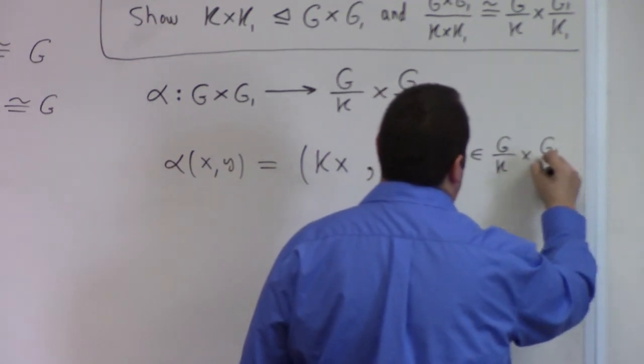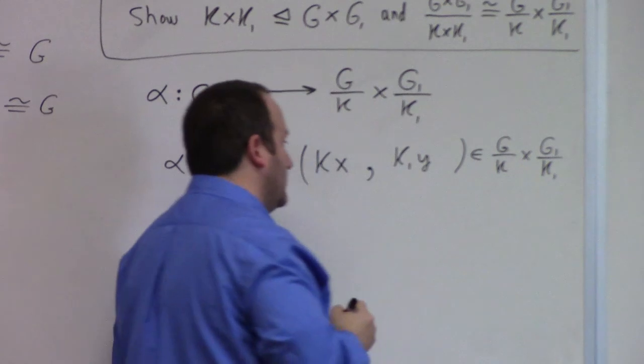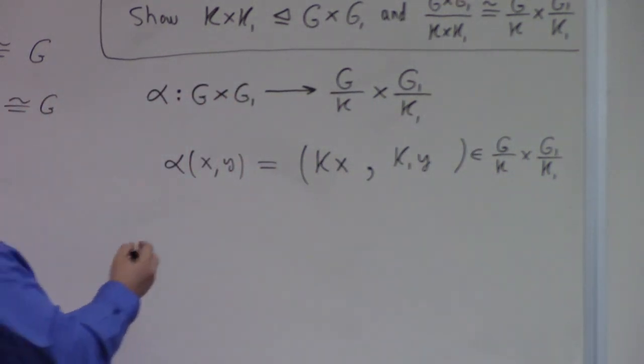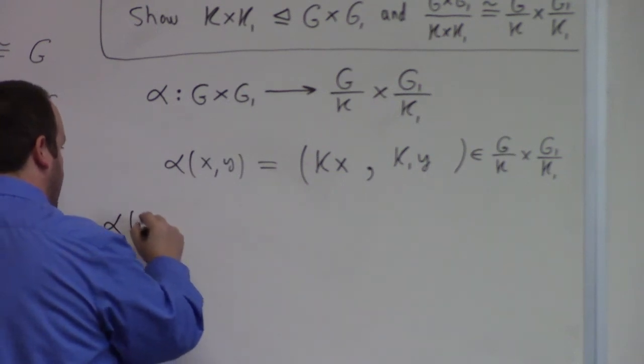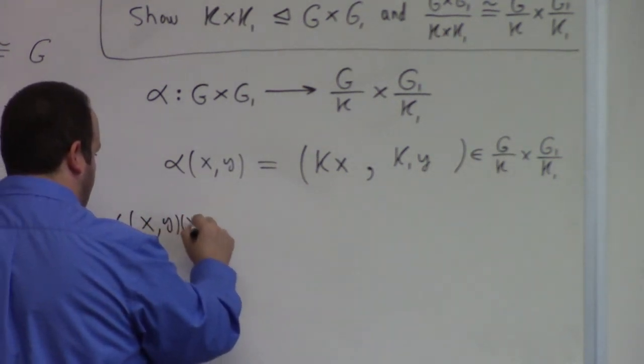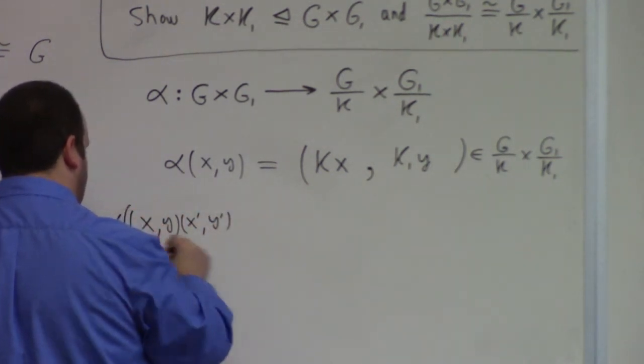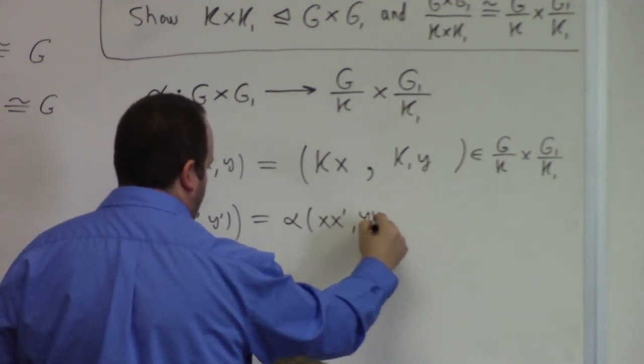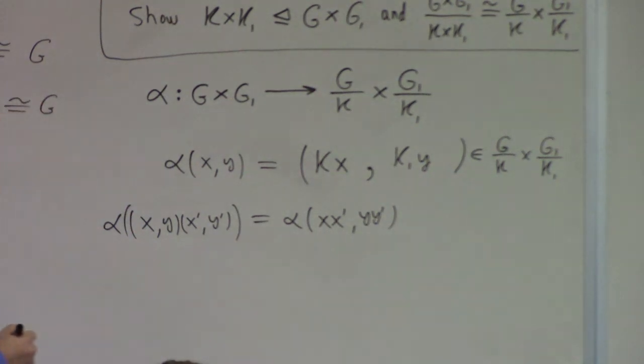So what do we need to check on then? We should probably make sure that this is in fact a homomorphism, right? Let's check that. So x, y, x prime, y prime, let's say. That's alpha of x x prime, y y prime, where the products in the first and second components are taking place in G and G1 respectively, right?